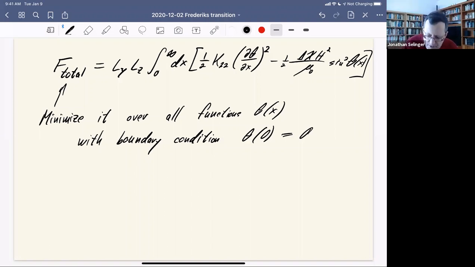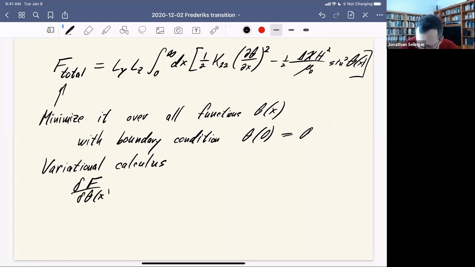It is, of course, a problem of variational calculus. So we can solve it using the same methods of variational calculus that we talked about earlier in the semester. That is, we want to calculate the functional derivative of the free energy with respect to theta of x and set that equal to 0.